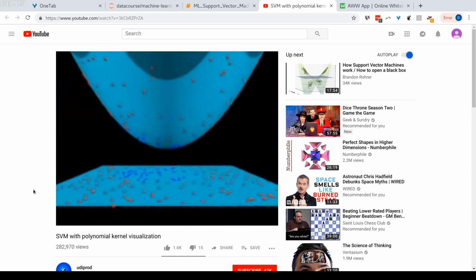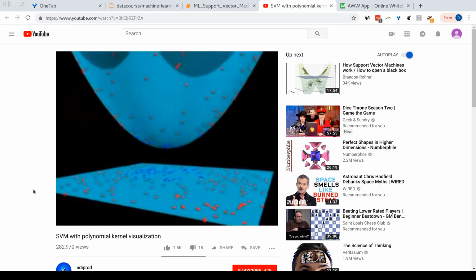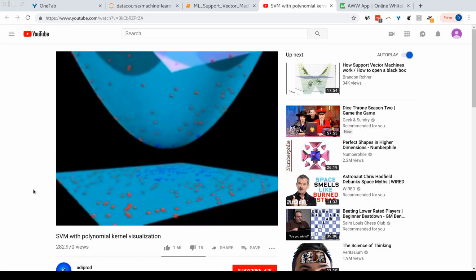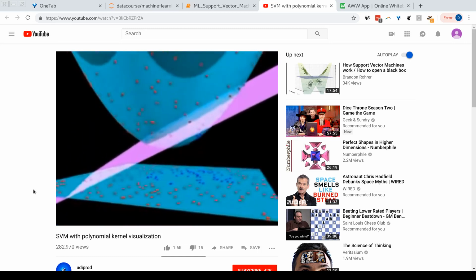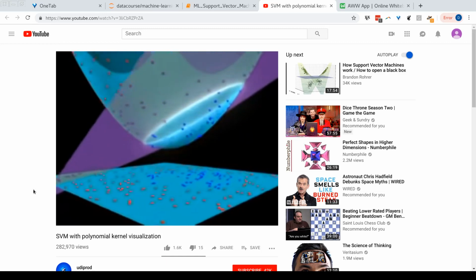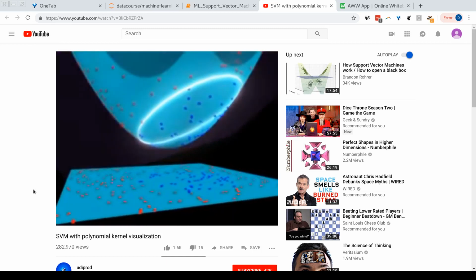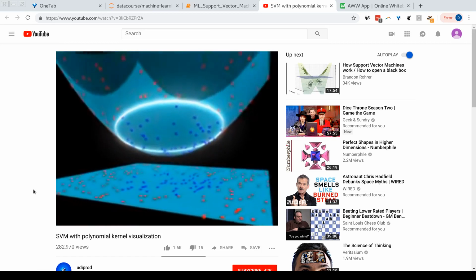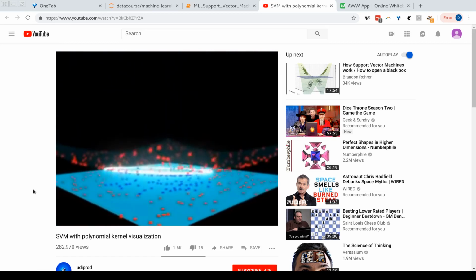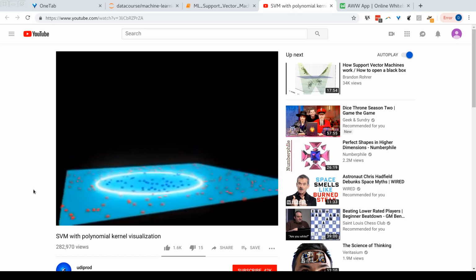That's what's happening there. And then in this new space, we can draw a plane that's going to cut through that shape. We can also visualize the resulting decision boundary as a result of projecting our points to a higher dimensional space. That decision boundary is no longer going to be linear, it's going to be non-linear, in this case a circle.